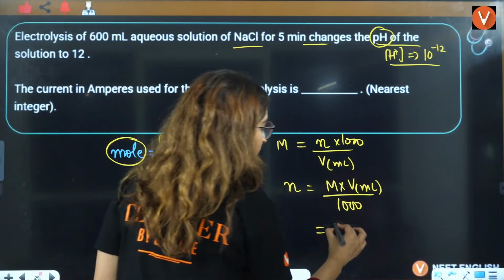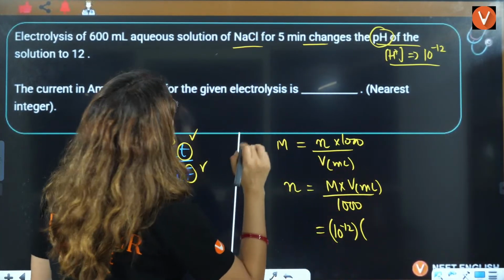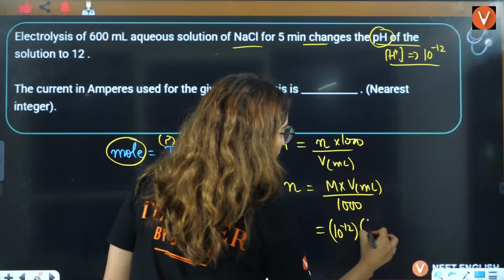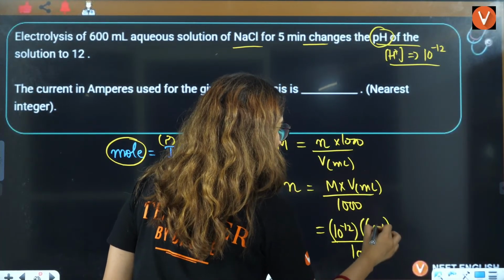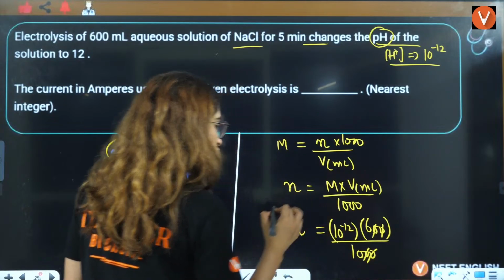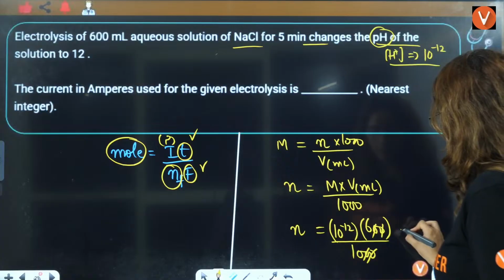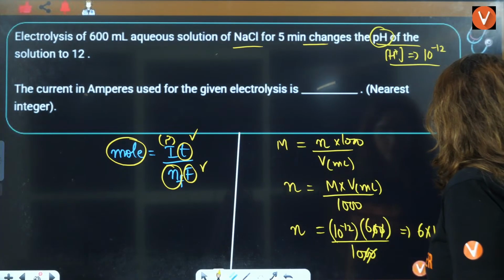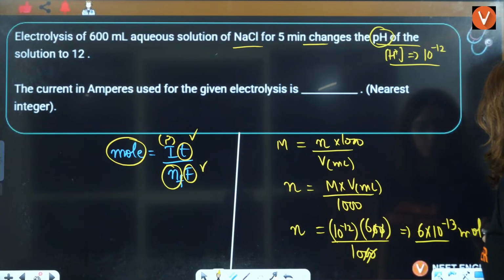Molarity is nothing but 10 raised to power minus 12, because that is the concentration. Volume is given to be 600 in milliliters and this will be 1000 here. When you divide it, number of moles will be 6 into 10 raised to power minus 13. These are the number of moles.